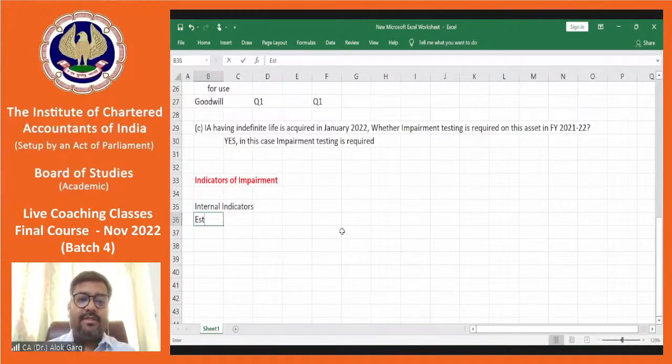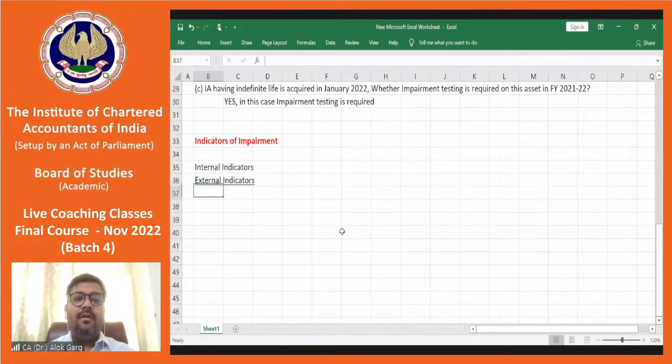Now we are talking about external indicators. While talking about external indicators, I told you about the change in interest rate. It is an indicator of impairment, right?